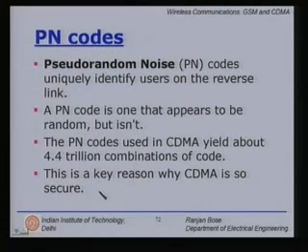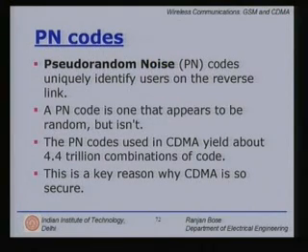Question? Sir, this PN code is fixed for each and every mobile? Question being asked is the PN code fixed for every mobile, right? The answer is we have a set of PN codes. Just like in GSM, depending upon when you wish to make the call, you are assigned a frequency and a time slot. Here, you are assigned a particular code when you wish to make a call.